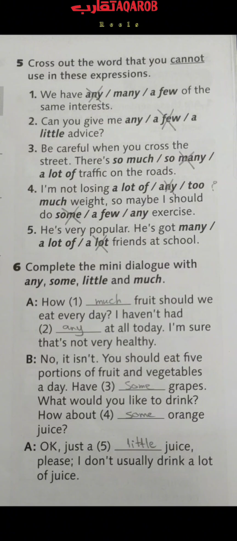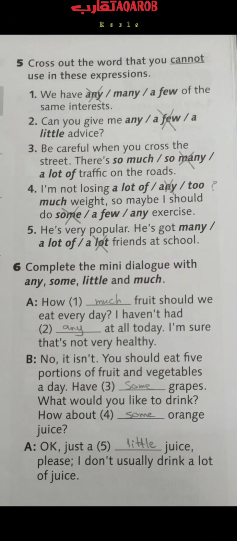A: Okay, just a little juice, please. I don't usually drink a lot of juice. So because he doesn't usually drink a lot of juice, we chose the word little here. Why didn't we say a few juice? Why little, not a few?